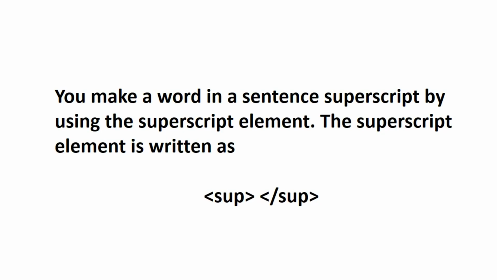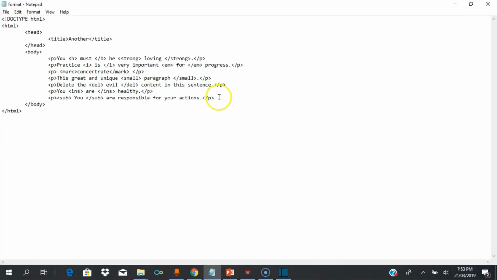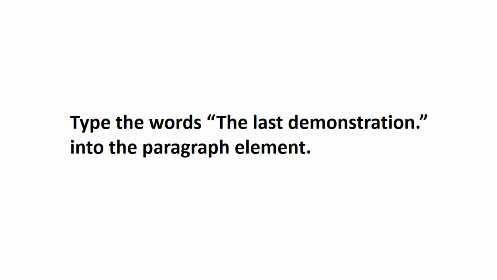You make a word in a sentence superscript by using the superscript element. The superscript element is written as sup. So create a new paragraph. Type the words "the last demonstration" into the paragraph element.